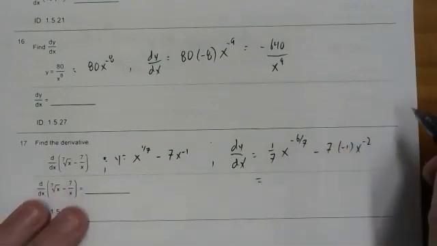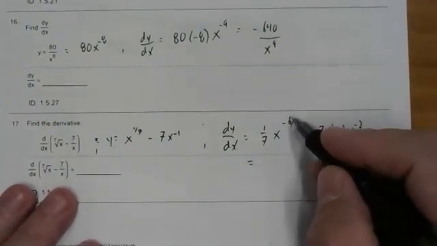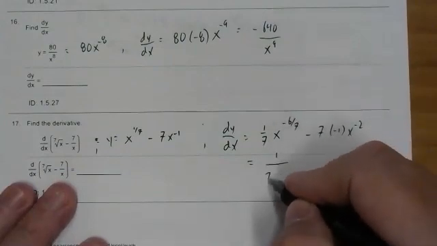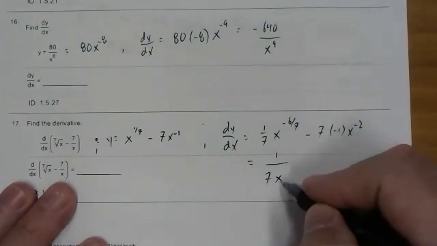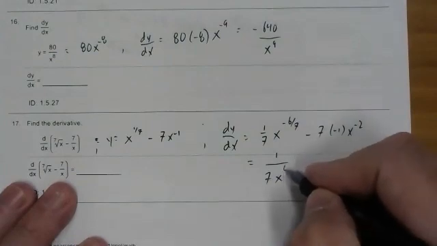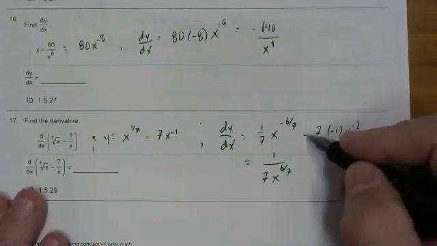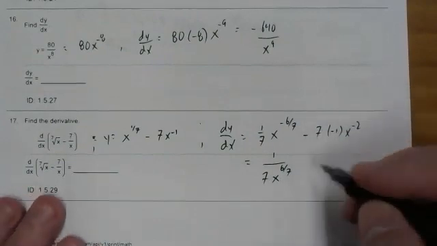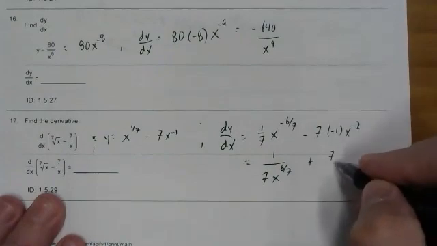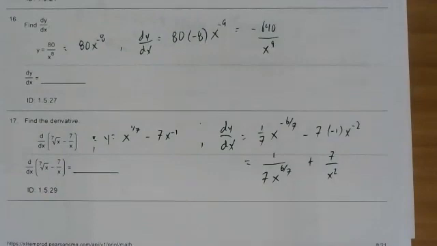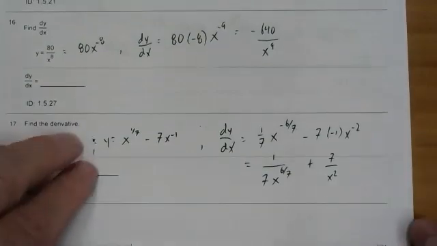Now, if I get rid of my negative exponents, this is 1 over 7 x to the 6/7. This minus and this minus cancel out. And 7 over x squared. So that is correct.